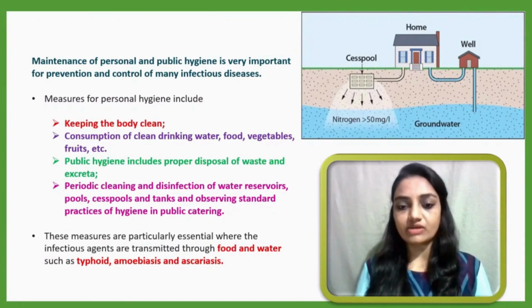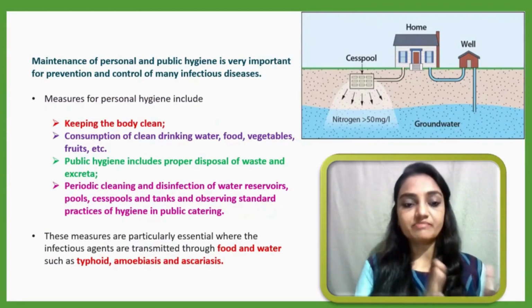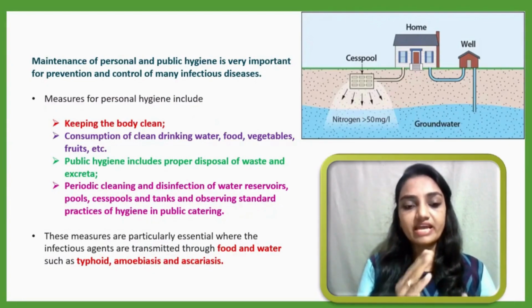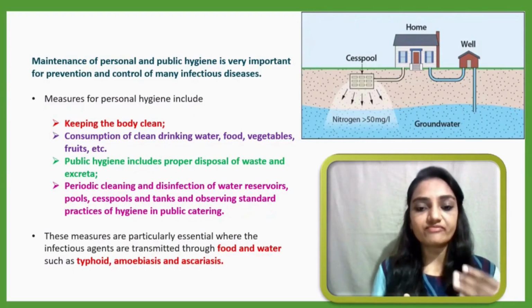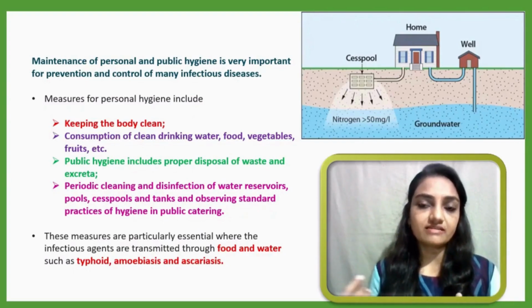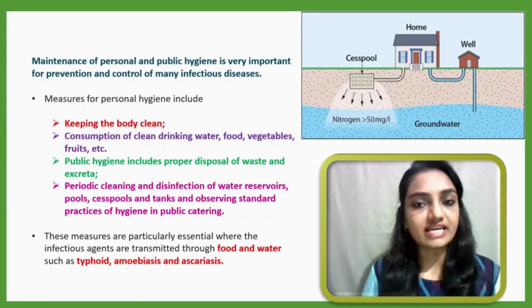All this listed here is very important for breaking the channels of infectious diseases which are transmitted by food and water. Examples of such diseases are typhoid, amoebiasis and ascariasis.